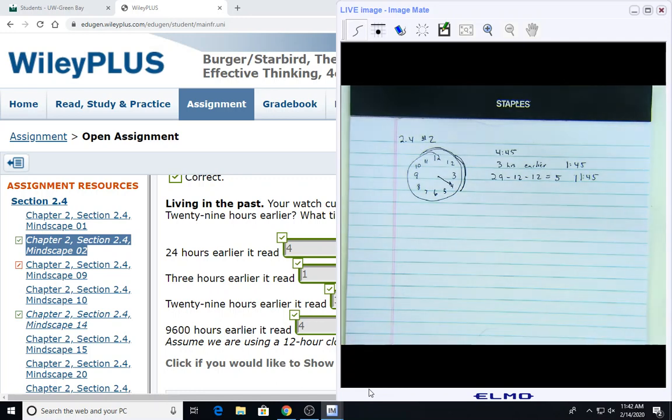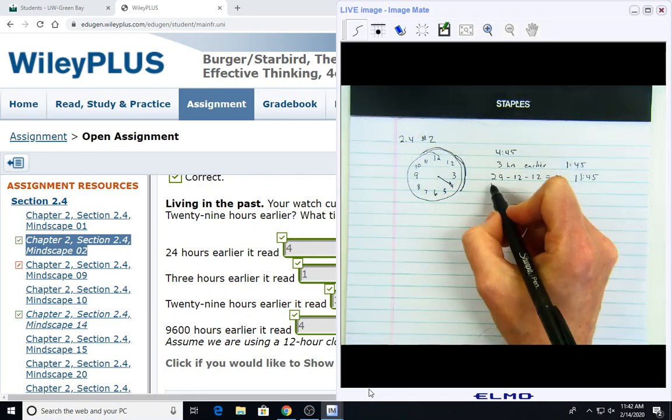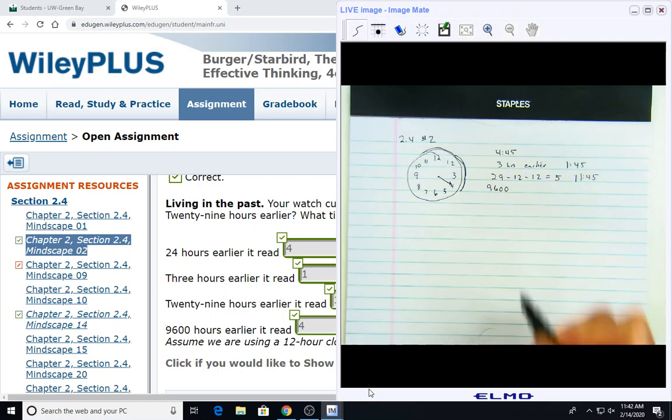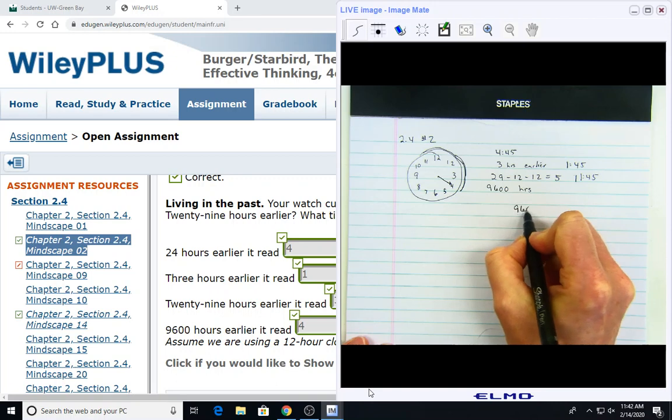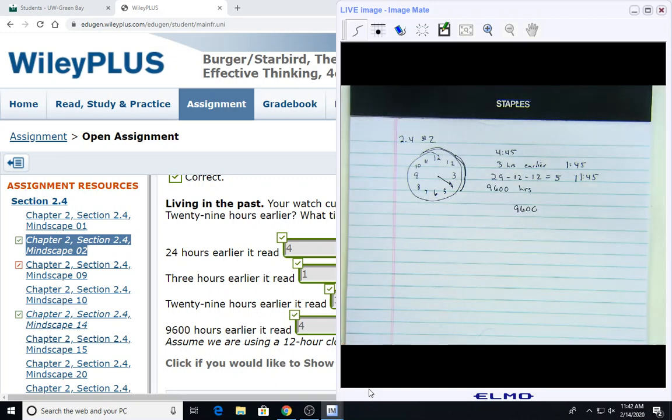Then we're looking at 96 hours earlier. Not 96, 9,600 hours earlier. So now I'm going to do what I did in the last one, only on a bigger scale. I'm going to take out multiples of 12 again, using the modular arithmetic that we learned.